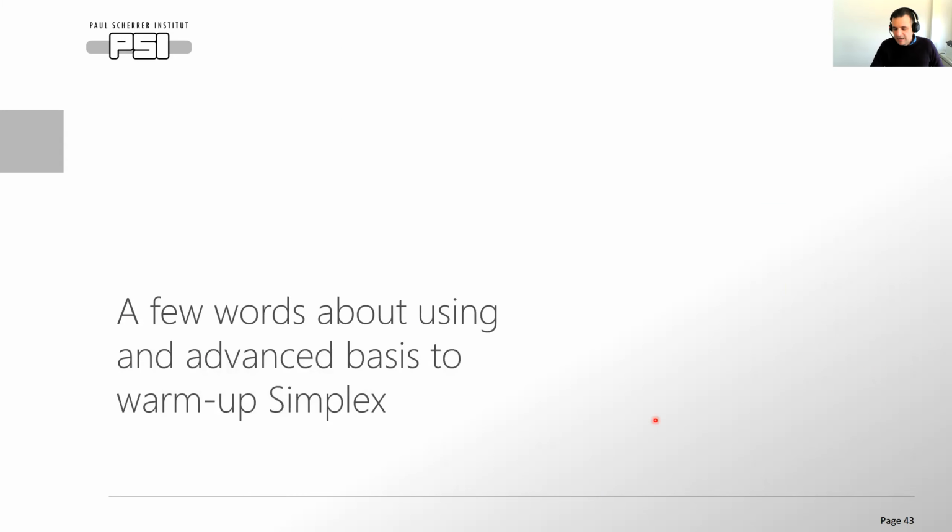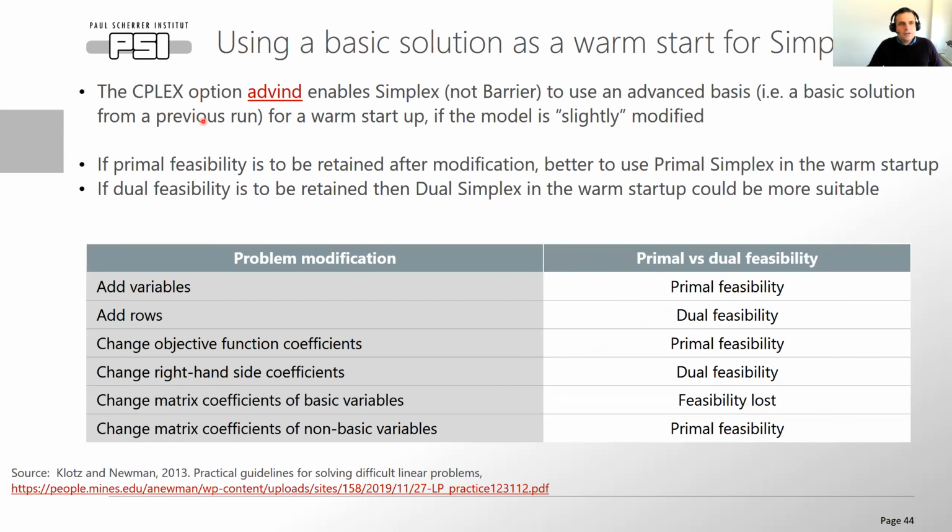So this is my last point, the advanced basis to warm up the Simplex. There is an option, advind, that enables the Simplex, not the barrier. Now we are not doing anything with the barrier. It uses an advanced basis, which is a basic solution from a previous run that can be used for a warm startup.